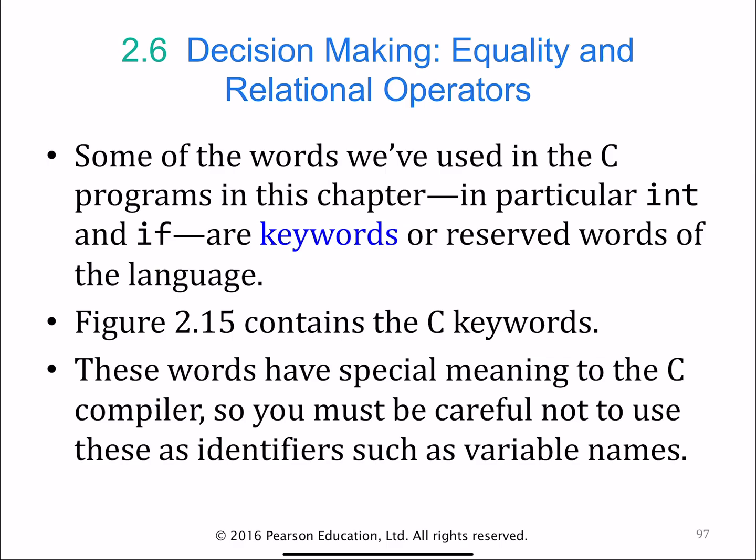Other than that, you'll see that as we go along, we will see more and more keywords that are part of the C language, and it is necessary that we definitely remember those, because as C keywords, these are words that you cannot use as identifiers for such things as variables.